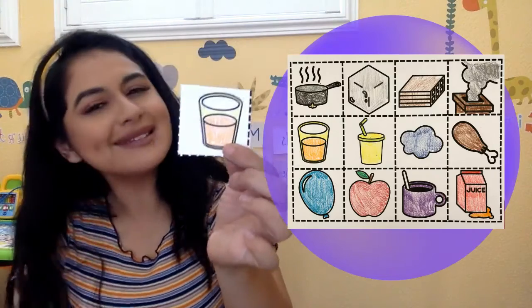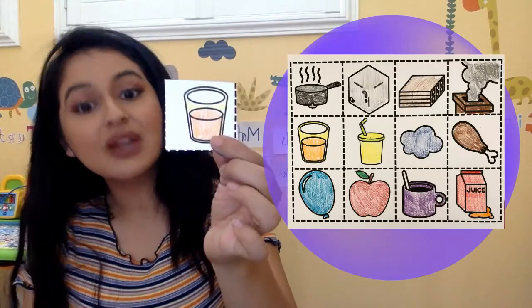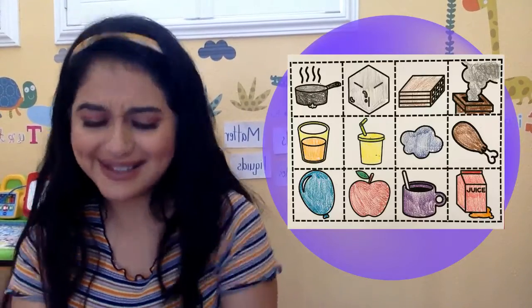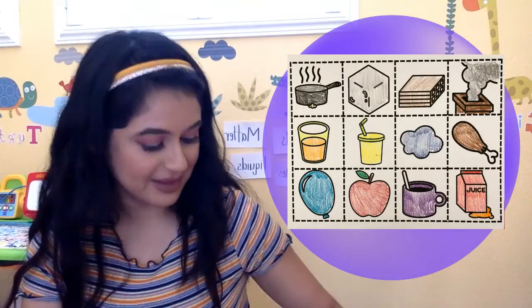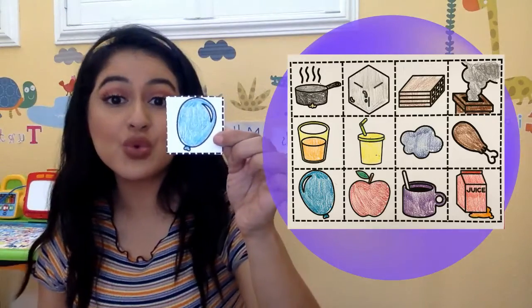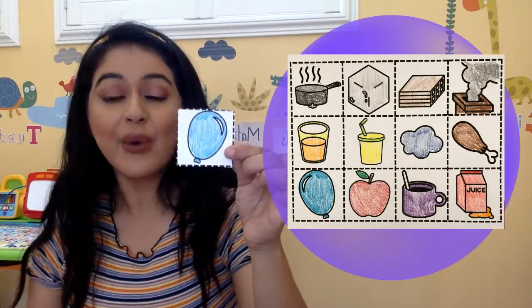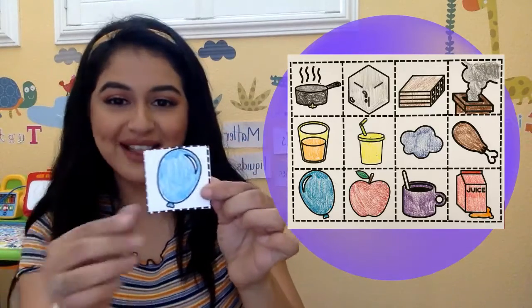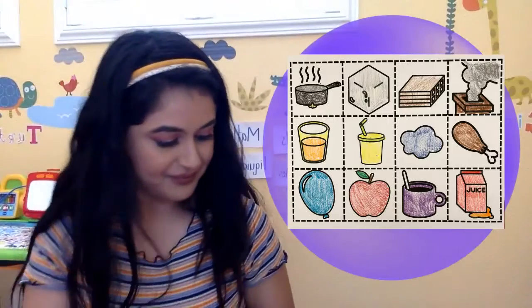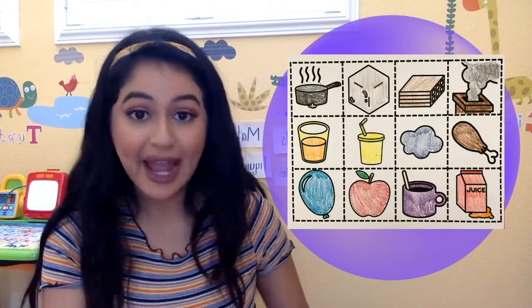Where do you guys think this goes? Great job. Yes, orange juice. Good job, Isabella. We're gonna put that under where? Liquid. Awesome. And what about the balloon? Okay. Good job, Marcella. And the balloon goes under the air. Well, air and gas. Okay.